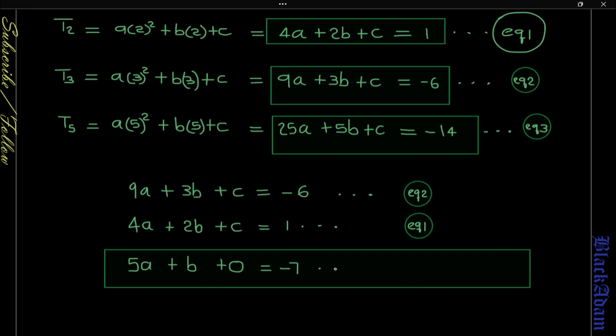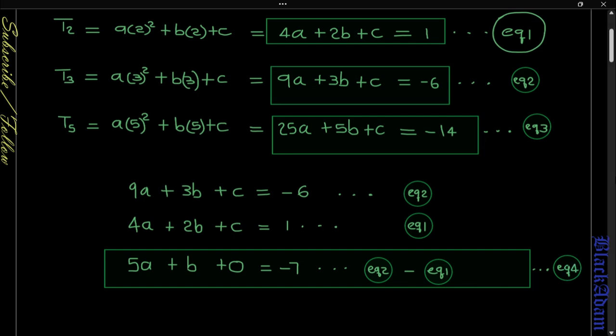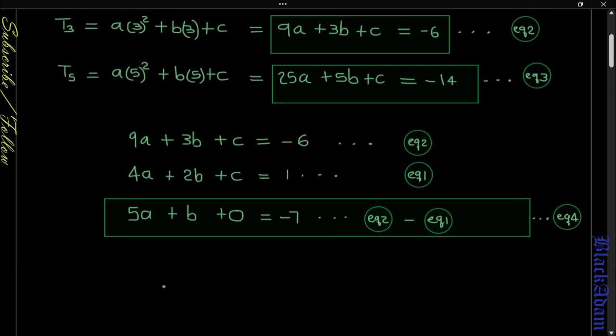So what did we do there? We said equation 2 minus equation 1, and that gives us a new equation, equation 4. When the equations are different, you give it a different number.